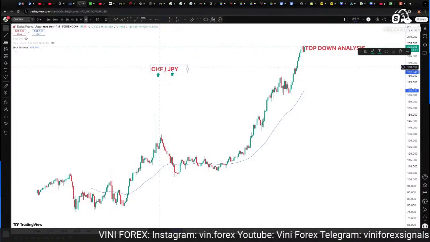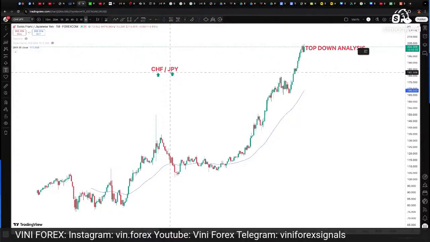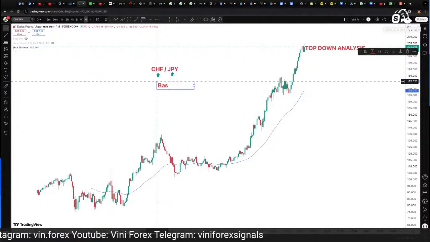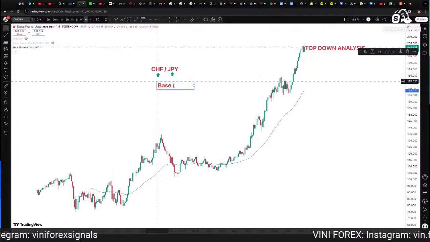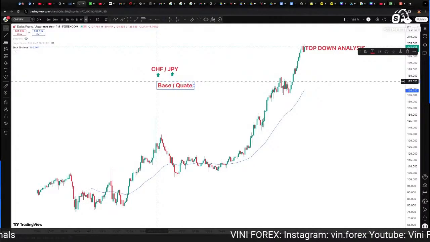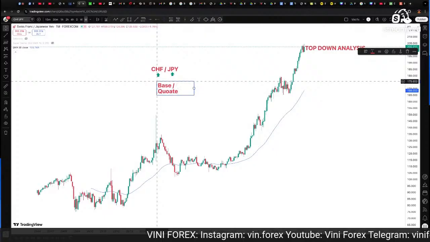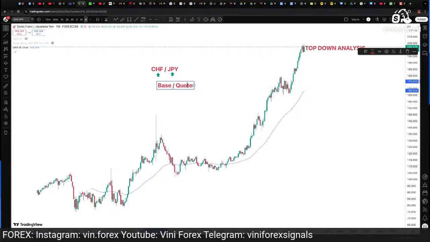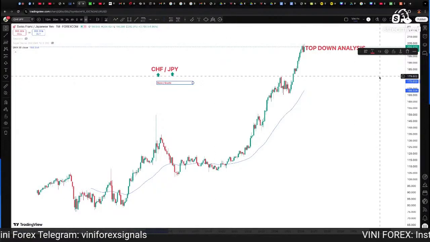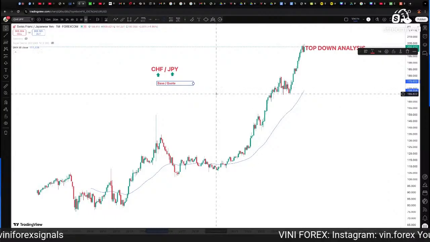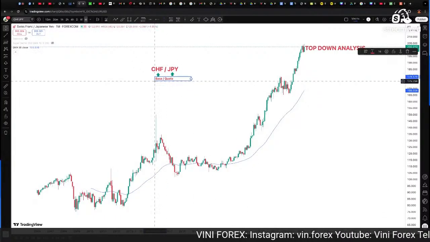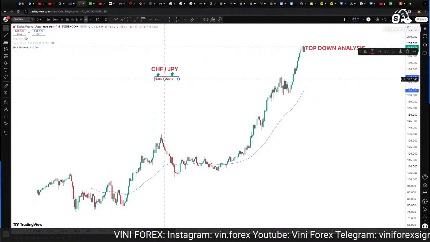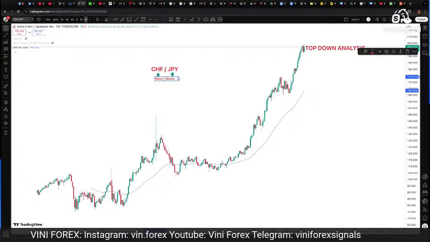This is the base and this is the quote. I taught you all of this while you were starting out. So I hope you still remember what they mean. This is the base currency, and this one is the quote currency.